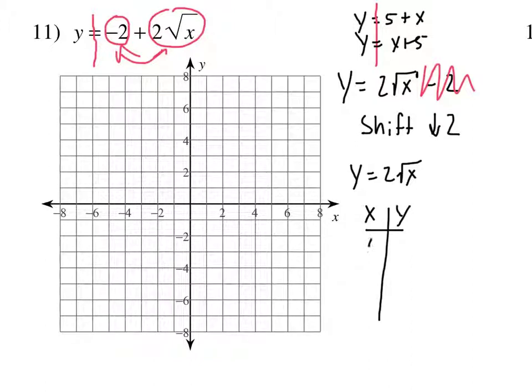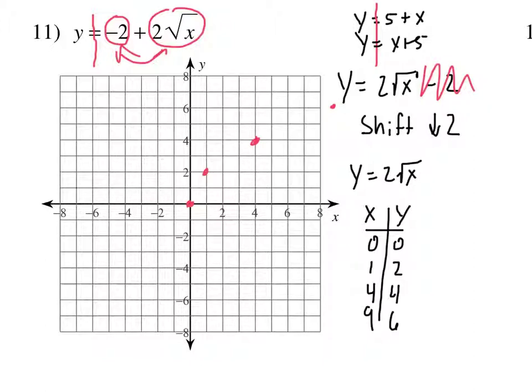So we use our friendly numbers, and when we plug these in, what do we get for our y values? 2. 4. Okay, well, we plot those points, 0, 0, 1, 2, 4, 4, and 9, 6.